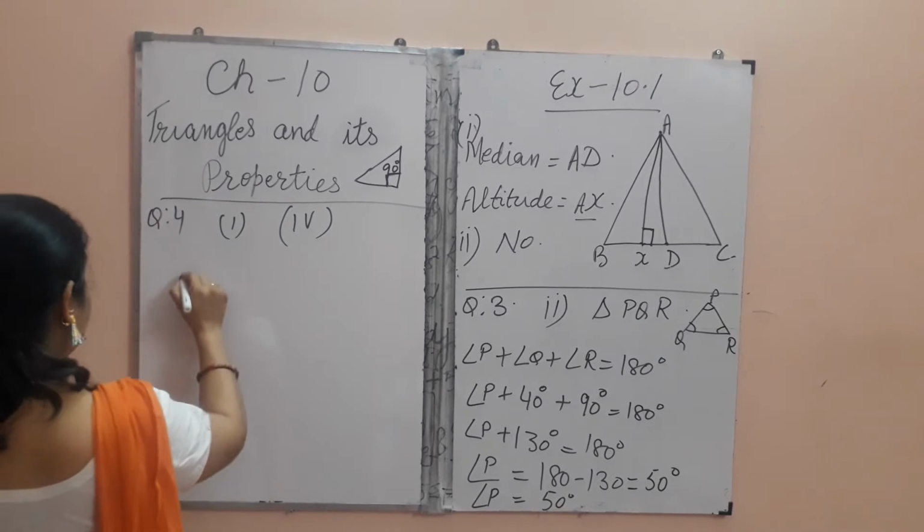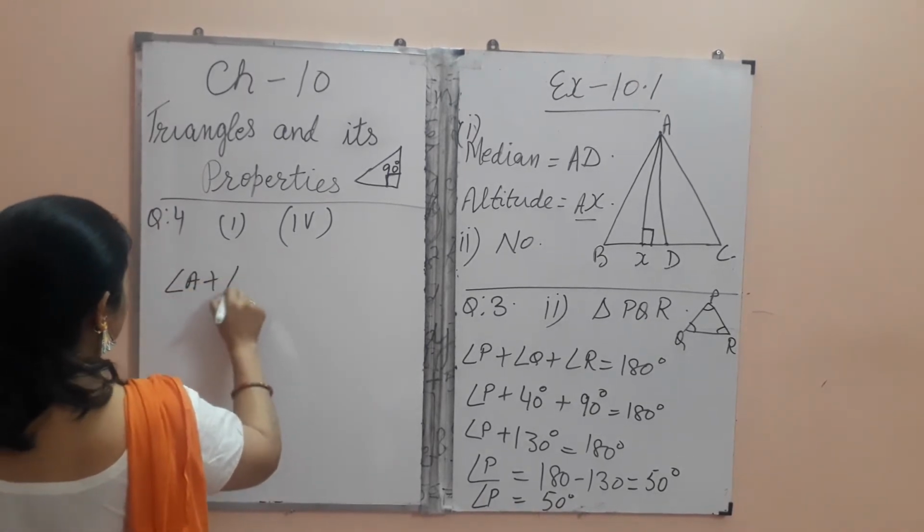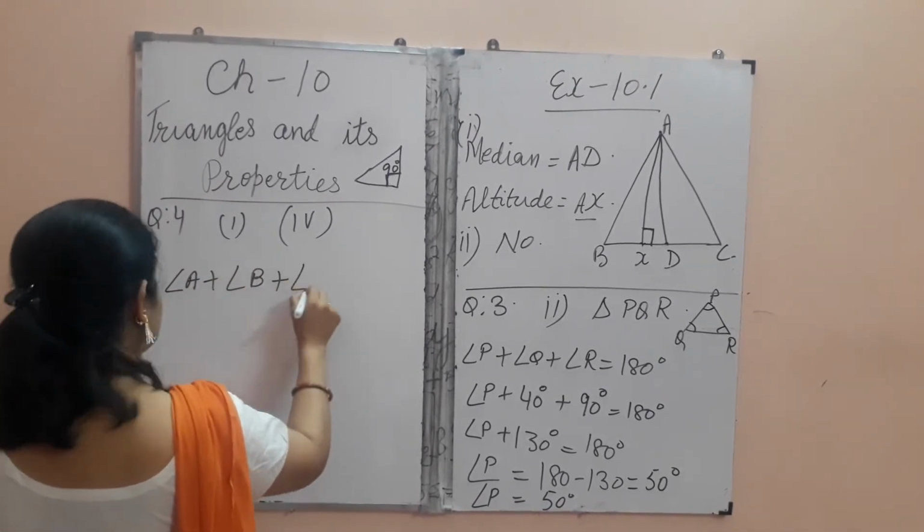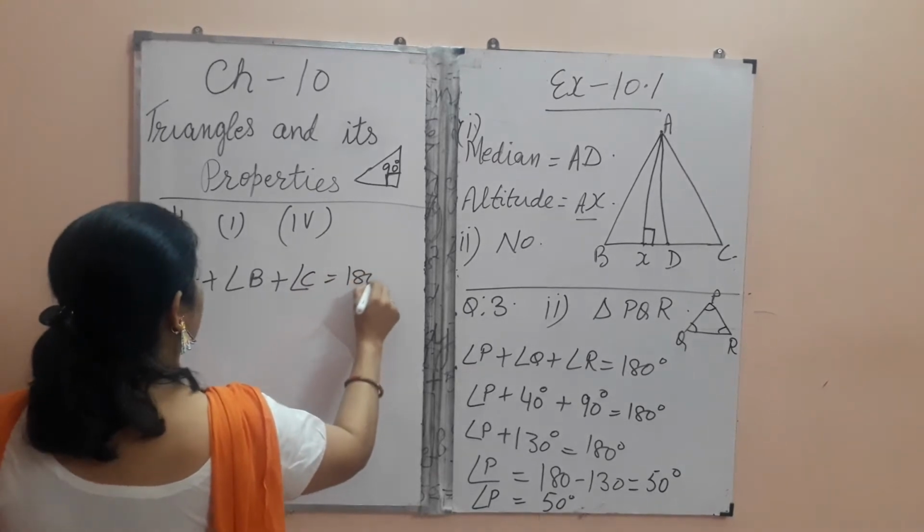So angle A plus angle B plus angle C equals to 180 degrees.